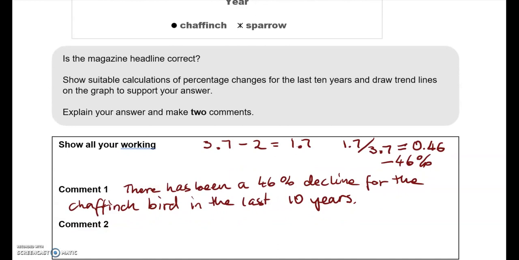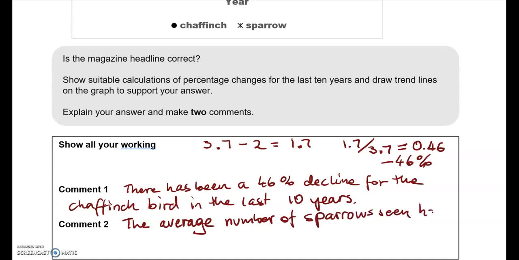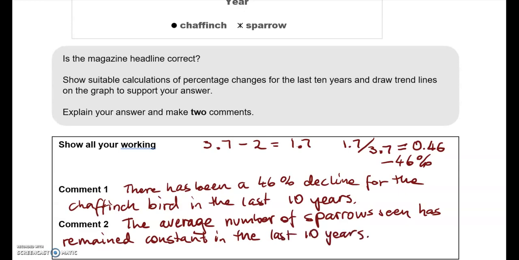In terms of the sparrows, we can say the average number of sparrows seen has remained constant in the last 10 years.